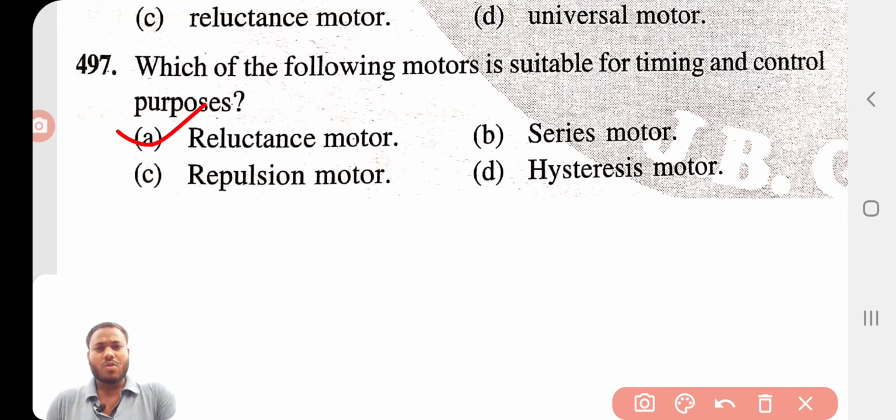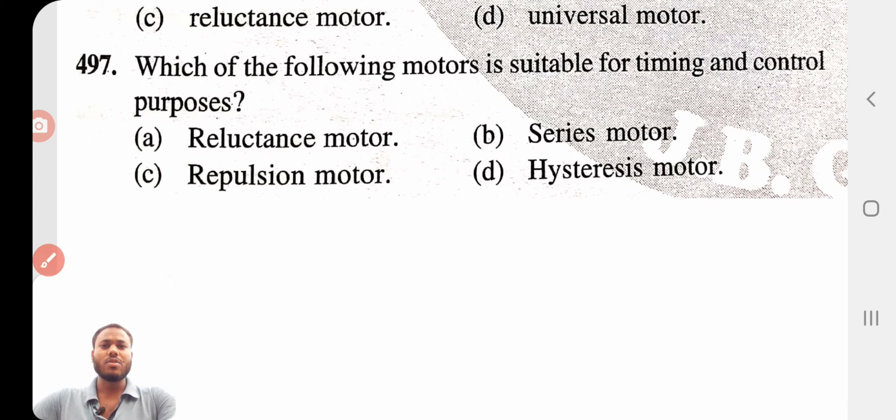In our clock also a small reluctance type of motor is there, but we have not seen it very clearly. So, do not worry, here the right answer will be reluctance motor. No series motor is used. Series motor is used in traction.